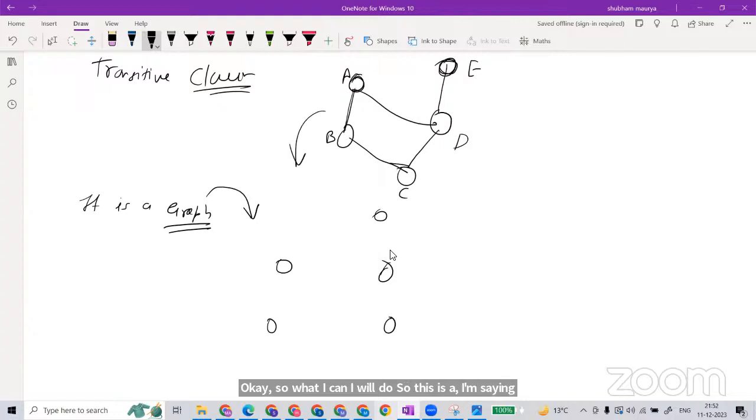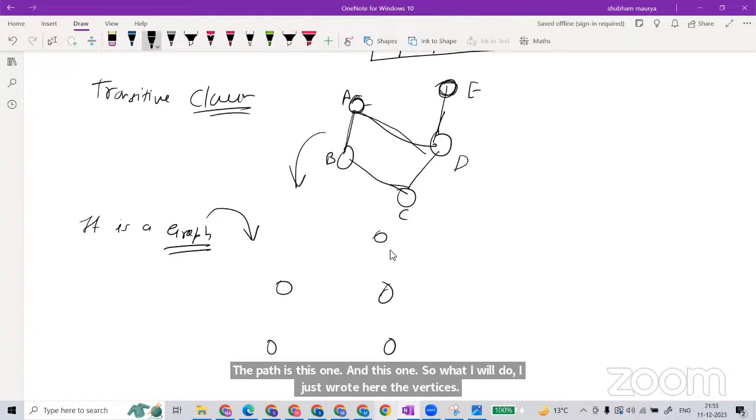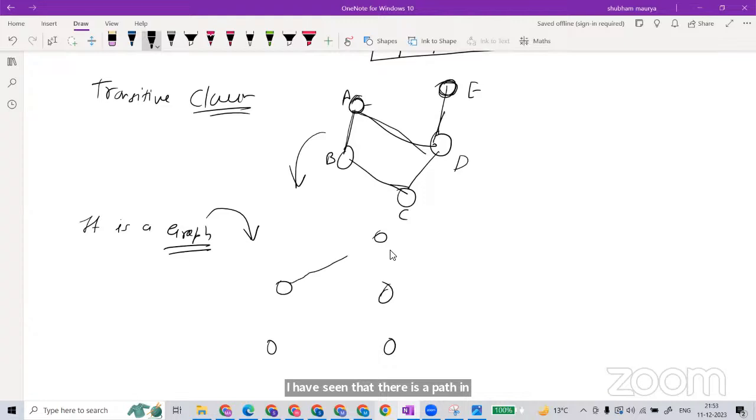So what is that? See, between the vertex A and E there is a path, right? The path is this one and this one. I just wrote the vertices here. I have seen that there is a path in between, so I will draw an edge connecting these vertices.